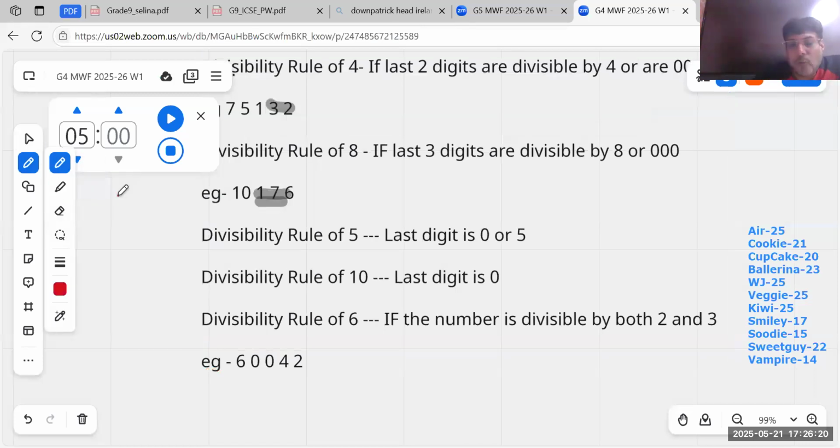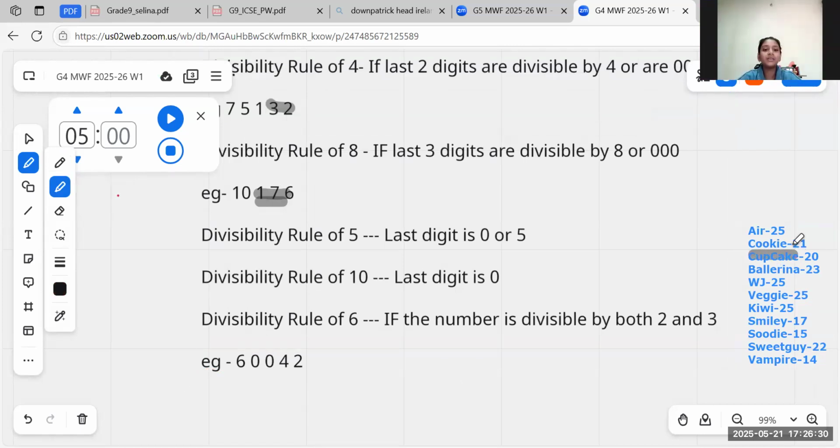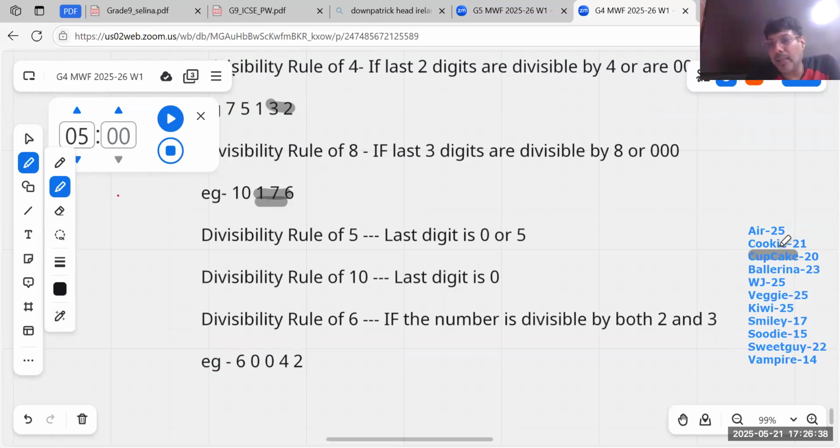For example, 60042. Cupcake will tell me if this number is divisible by 3 or not. It is divisible by 3. Cookie, is it divisible by 2 or not?